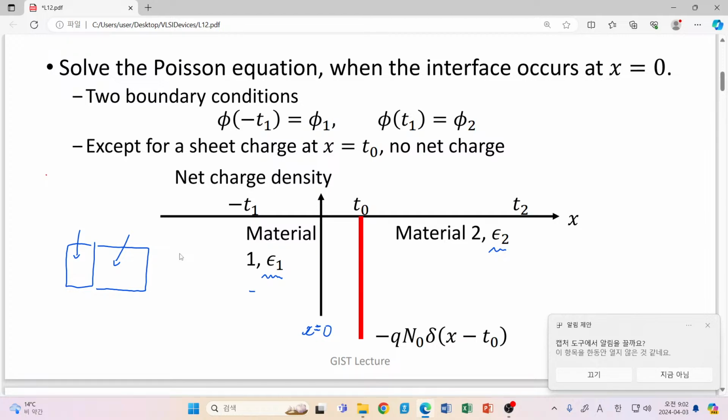Typical case is, for example, this one has certain numbers, however the number shown in material 2 is somewhat different from the one for material 1. This is quite normal, so please think about this case.